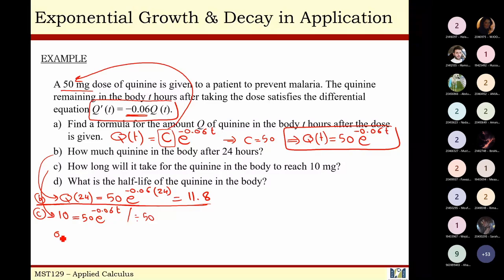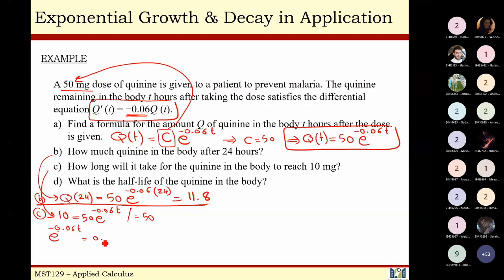e to the power minus 0.06 t equals 0.2. Take ln for both sides, so we have minus 0.06 t equals ln 0.2. Okay, divide by minus 0.06, so we have t equals ln 0.2 over minus 0.06.